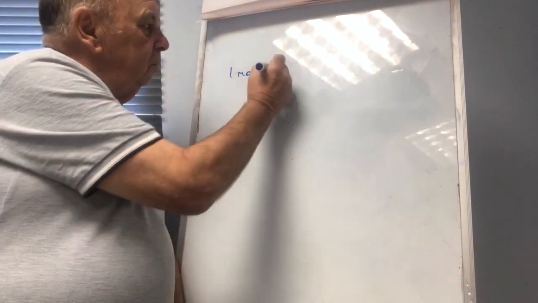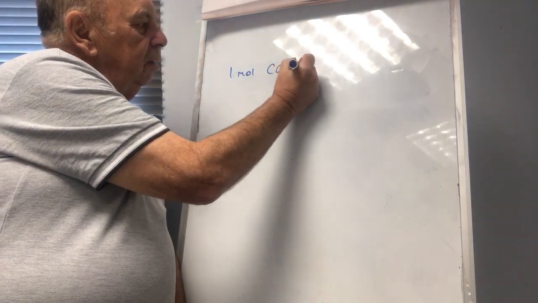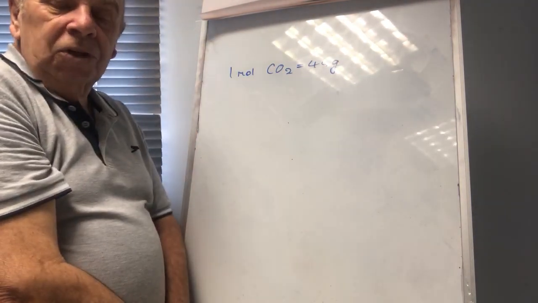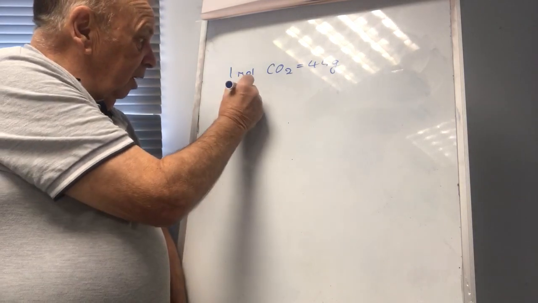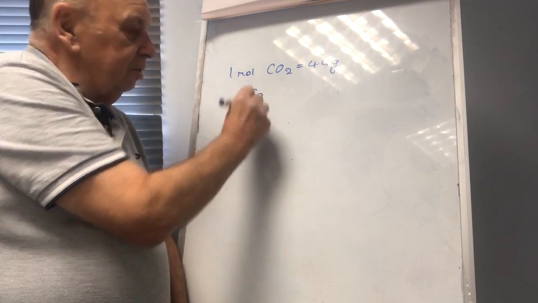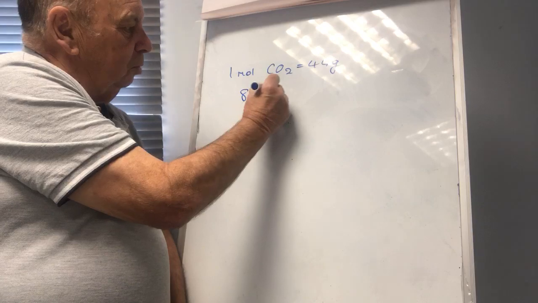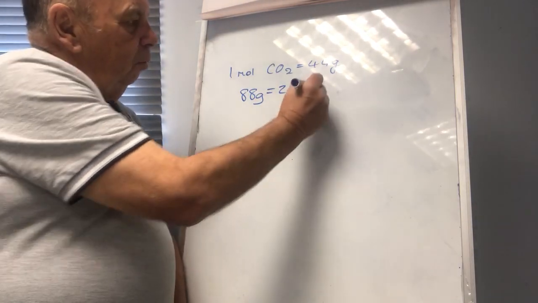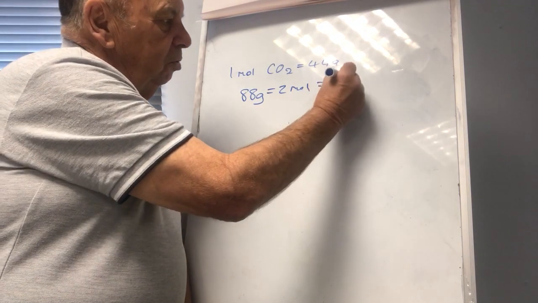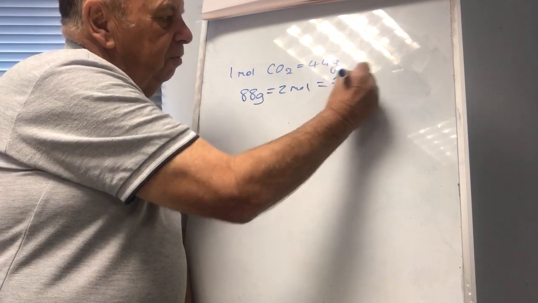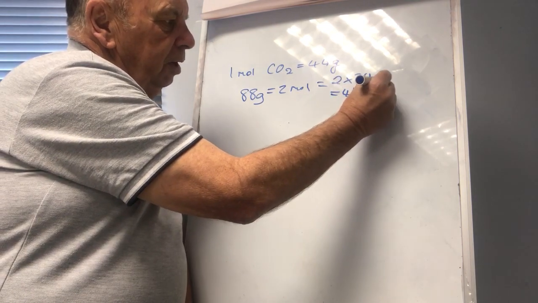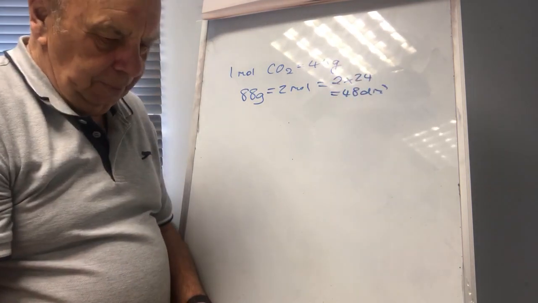Let's go back to carbon dioxide. It's 44 grams. So suppose I said I've got 88 grams would be equal to 2 moles, which is equal to 2 times 24, which is 48 dm cubed.